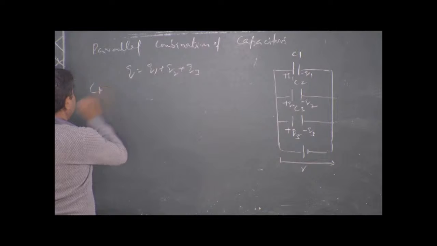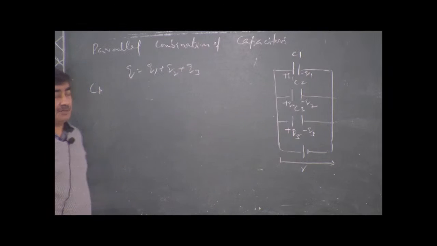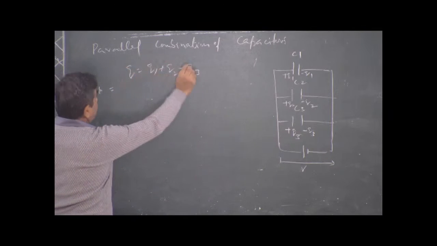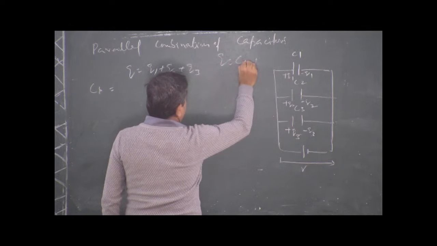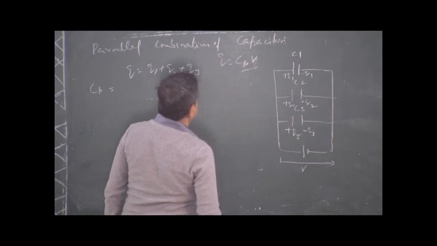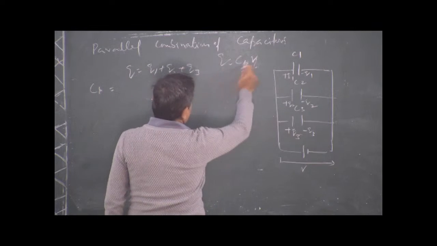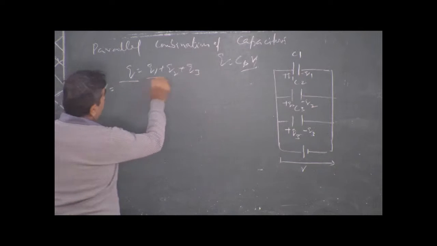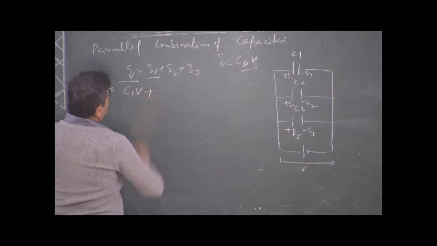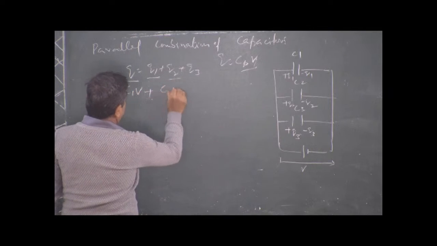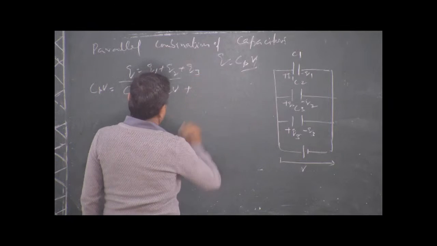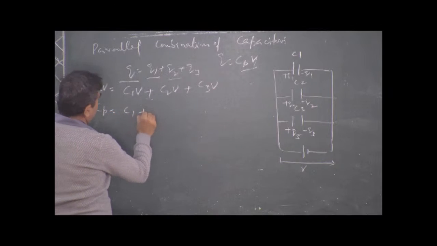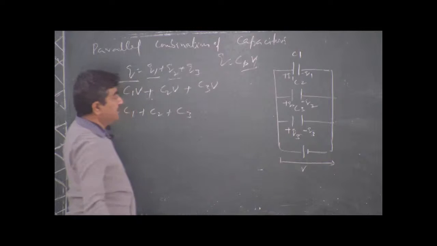If Cp is the total capacity of the combination, then Q will be equal to Cp into V, as Cp is equal to Q upon V. Therefore, Cp into V will be equal to Q1, which is C1V, plus Q2, C2 into V, plus Q3, C3 into V, or Cp will be equal to C1 plus C2 plus C3.